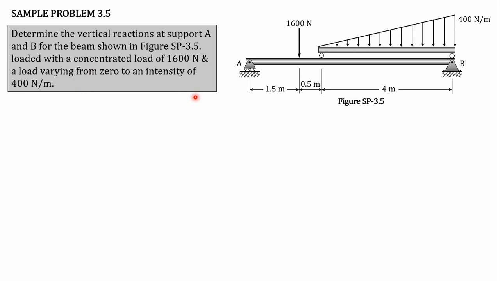Okay, so ang pinadedetermine sa problem, class, is to solve the reaction of the roller support A and the reaction at the pin connection B. So, yun yung aim natin.